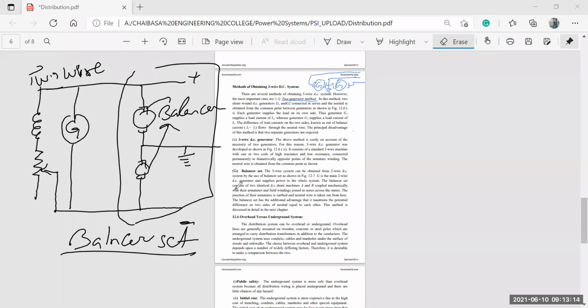The balancers consist of two identical shunt machines, coupled mechanically, with their armature and field windings joined. I missed one small segment, this position, what they have written: their armature and field windings would be joined. So there would be another set.